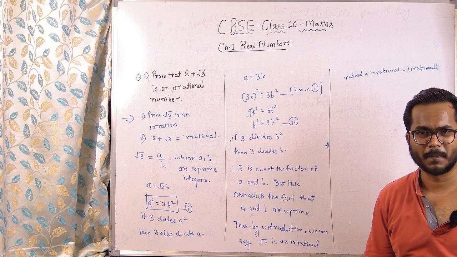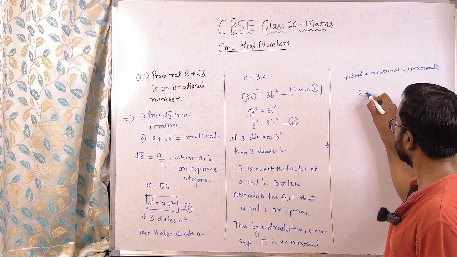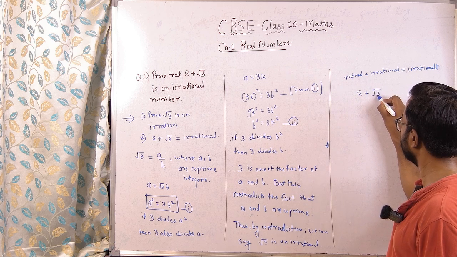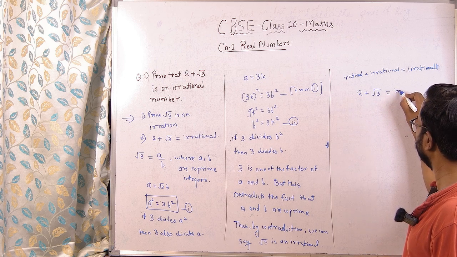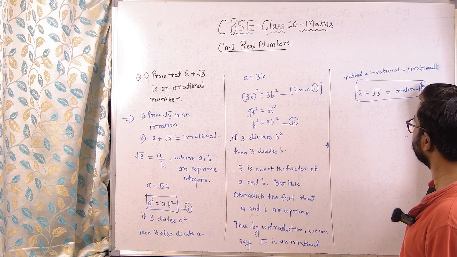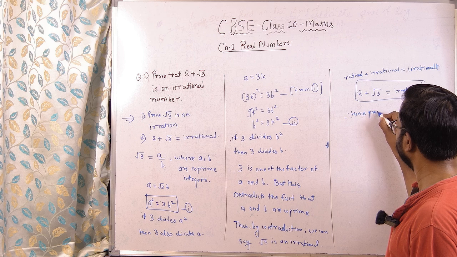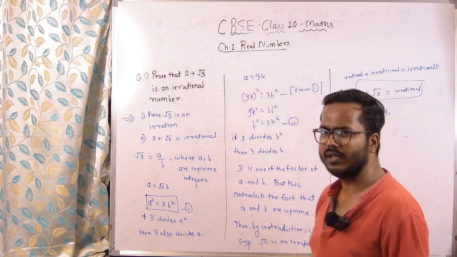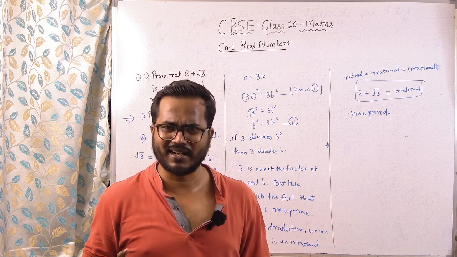I can state this, and I know 2 is rational and root 3 is irrational, so their sum will be irrational. Hence proved whatever we wanted to prove. As simple as that, right?